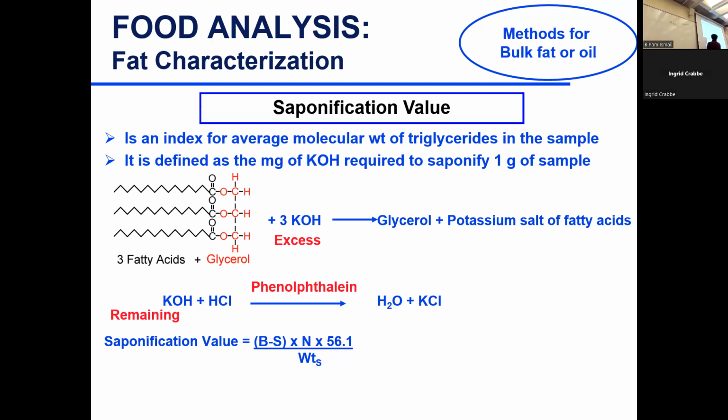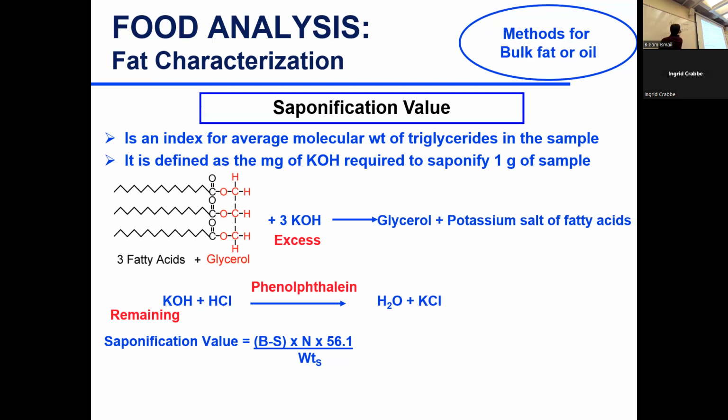But here, what is this number for? It is the molecular weight of KOH, in grams per mole.